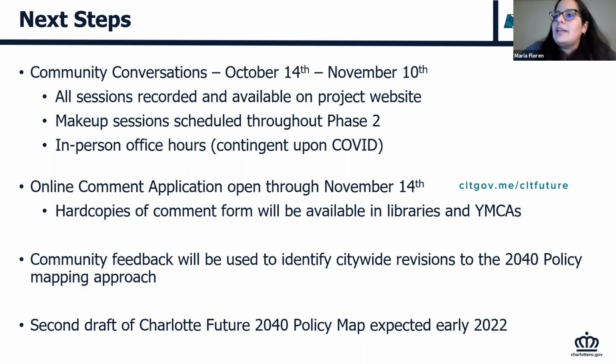And again, the online comment application is the best way to look at the map. And we mentioned the maps and surveys at the libraries and YMCAs. We'll be taking all the feedback that you have given us to identify citywide revisions to the policy map, and the second draft of the policy map is expected in early 2022.